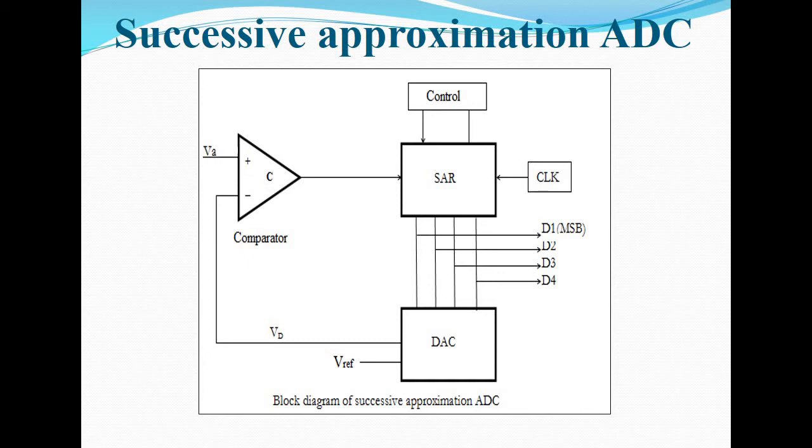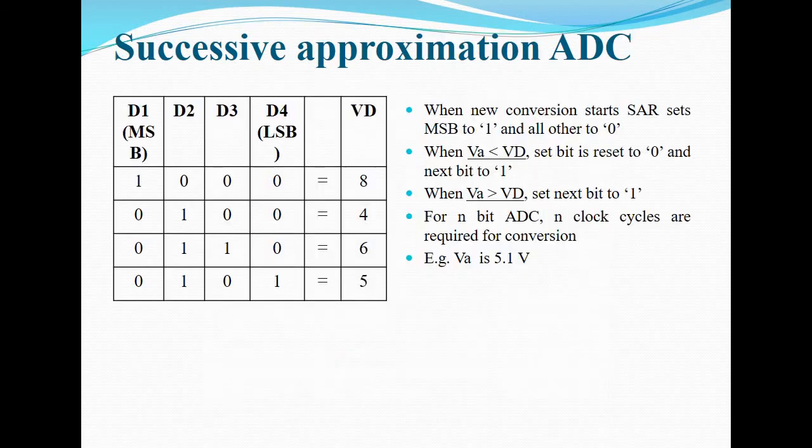When we switch on the circuit, the SAR will always set the value as 1000. That means the MSB is set to 1 and all others are set to 0.